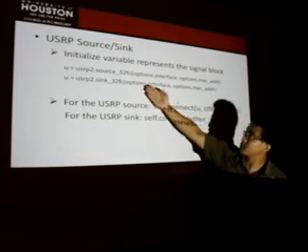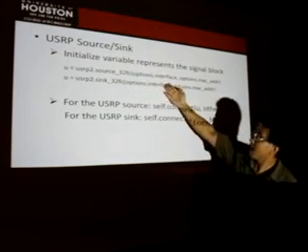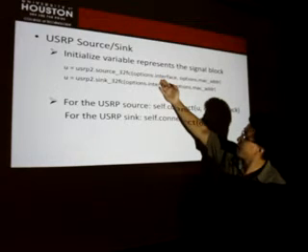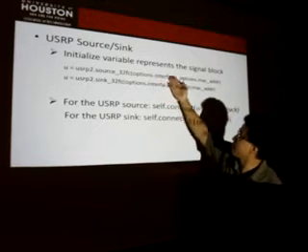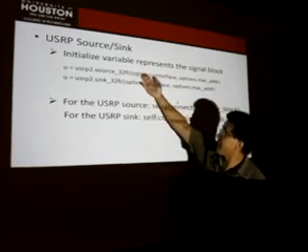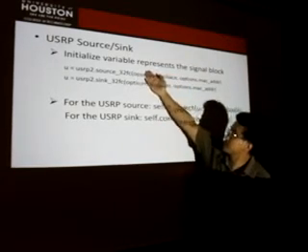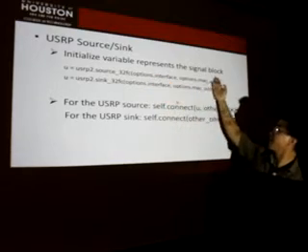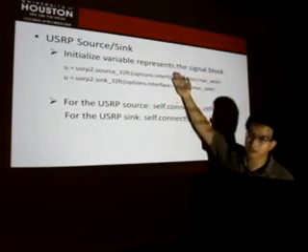The USRP2 uses gigabit Ethernet, so we have to define the interface of the Ethernet that we connect to on the computer and the MAC address of the NIC card.